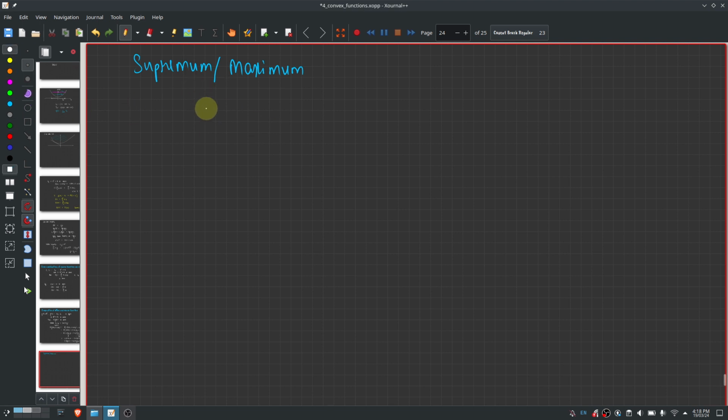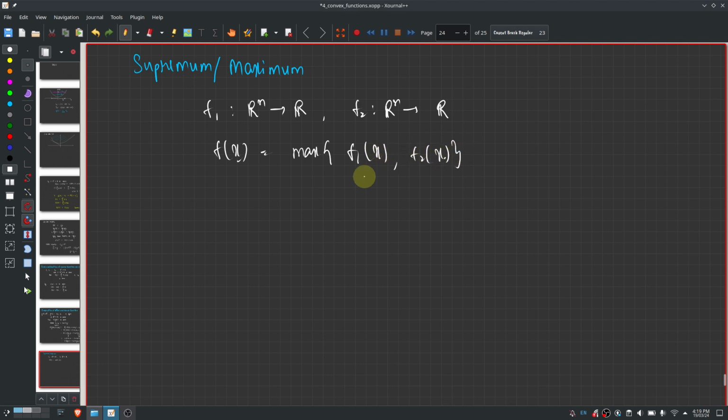Suppose I have f1 from Rn to R, f2 from Rn to R. Then the function f of x equal to the maximum of f1 of x and f2 of x is always a convex function, assuming, of course, that f1 and f2 are convex.